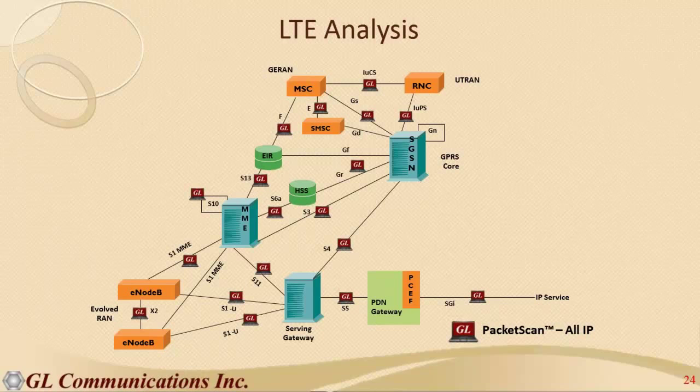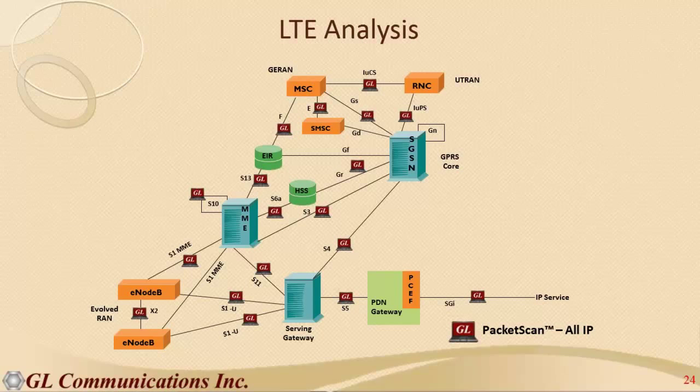There are different interfaces: if you concentrate on LTE, it will be X2, S1-MME, S11, even the data path like S1-U, S5, S8, SGi, and if you go across, S6a, S13, and the different interfaces on the 3G network.